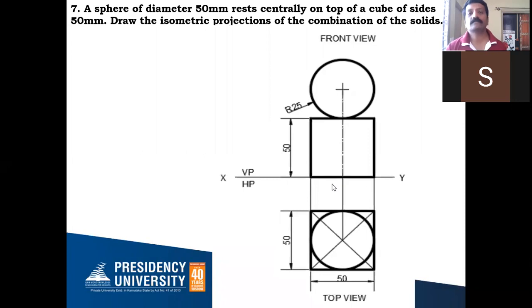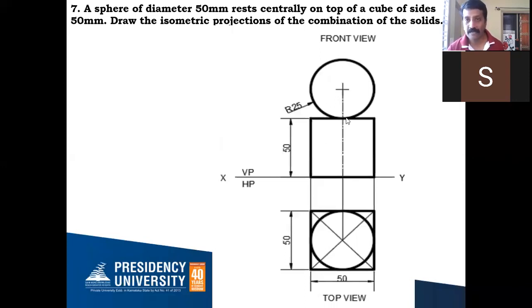Above that, the sphere is placed. The speciality of a sphere is that in whichever view you see it, it looks like a circle only. Even at 360 degrees, if you see a ball, it looks like a circle only.